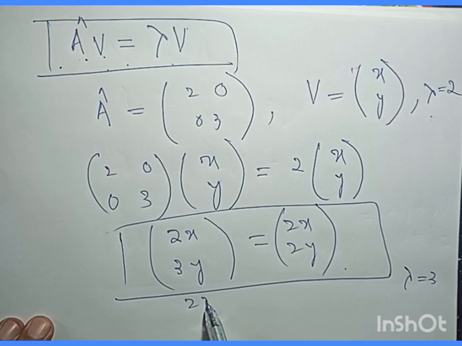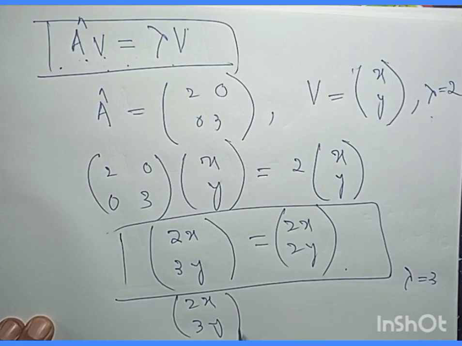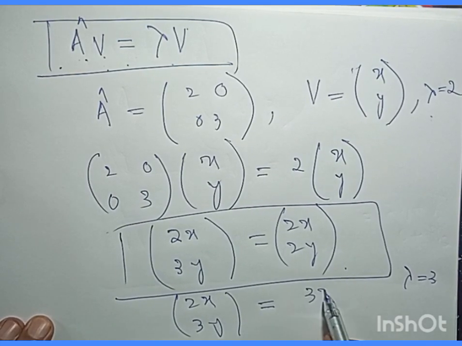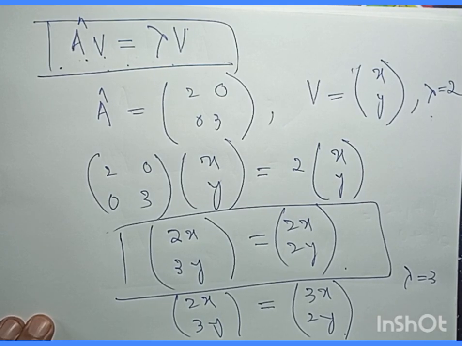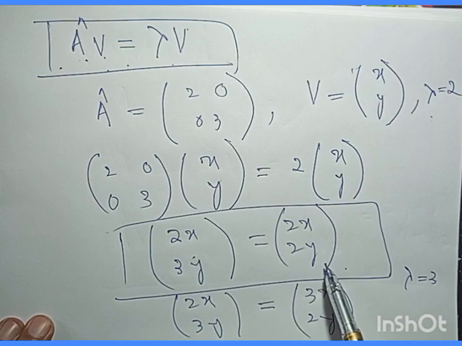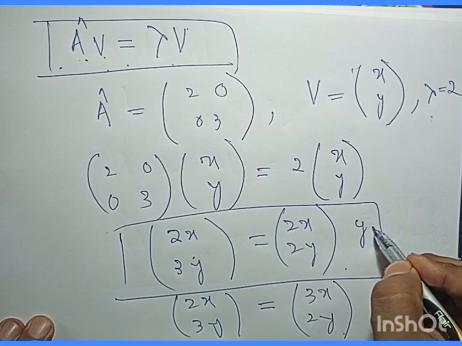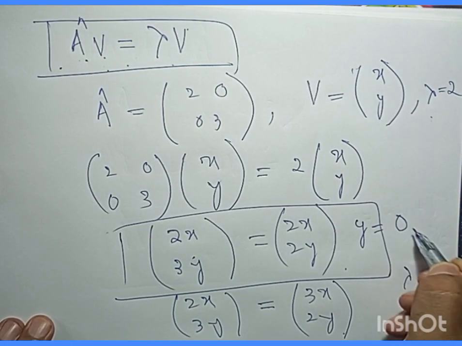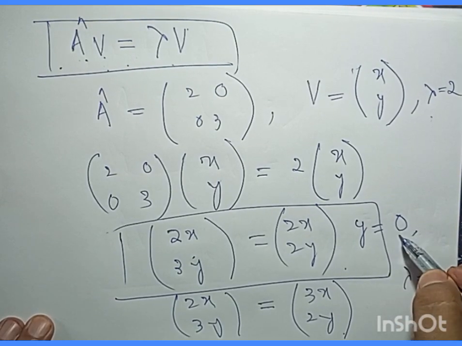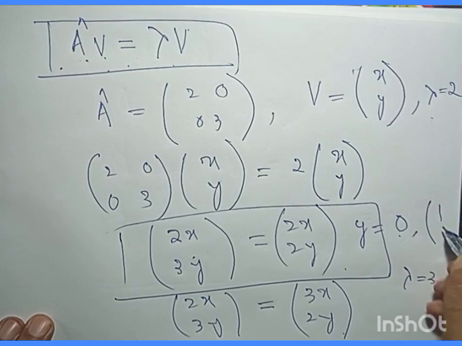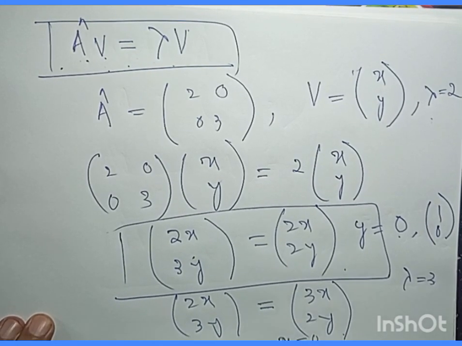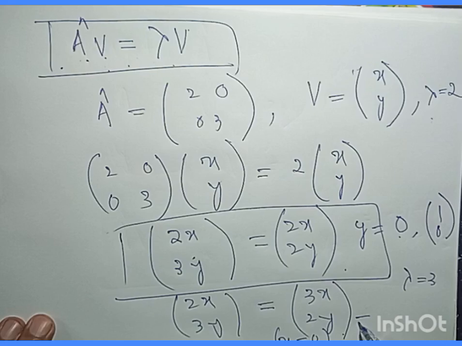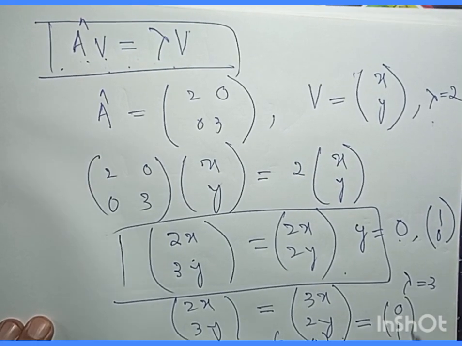We will obtain 2x, 3y is equal to 3x and 3y. Thus, from this point of view, y is 0. So if y is 0, what's the eigenvector then? Eigenvector is 1 and 0. For this, x is 0. Now if x is 0, what will be the eigenvector? The eigenvector will be 0 and 1.